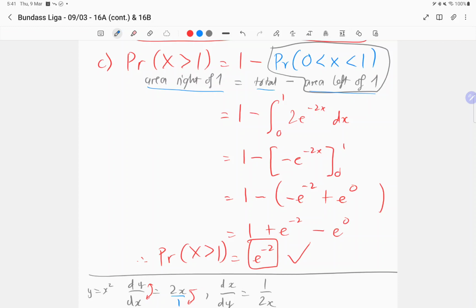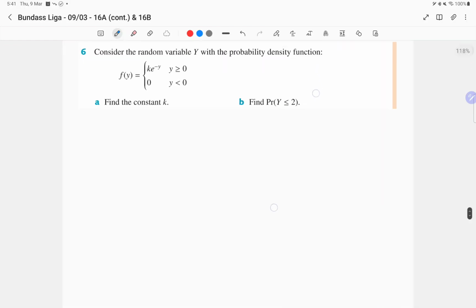Okay, did you get e to the power negative 2? Okay, then start on question 6.